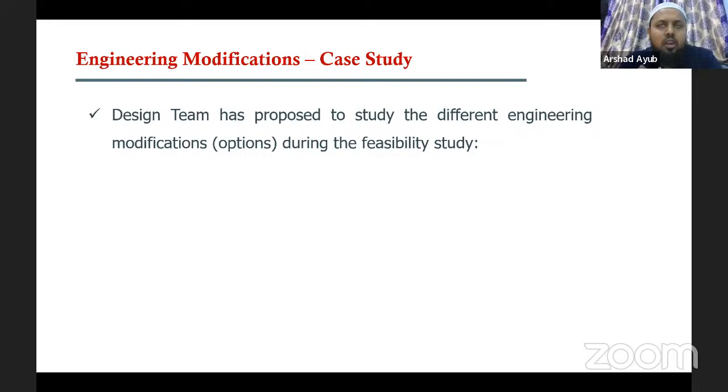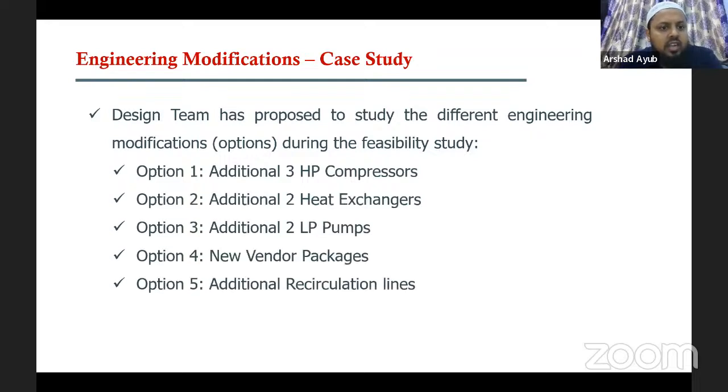The design team usually does the modifications with different options during the feasibility study, during the initial stage of the project. So this is one of the case studies I'm just showing to all of you, how we have conducted the engineering modifications. The design team has planned multiple options. Say they wanted to do some production improvement, increase the production.